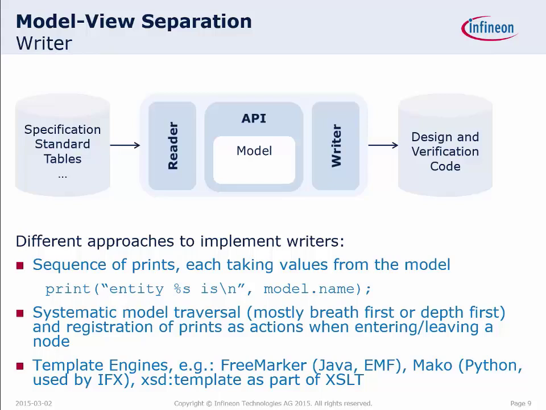But what we normally use is not a print statement like shown here. We are using a template engine. The reason is that it does not require people to have deep software knowledge.